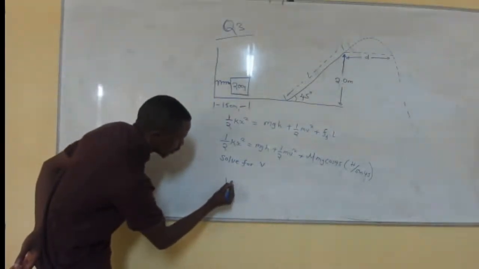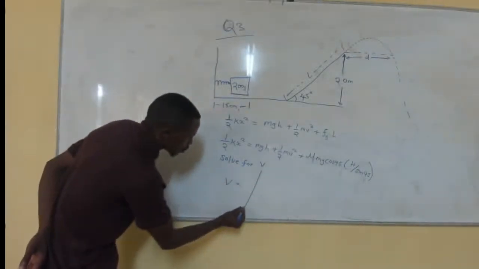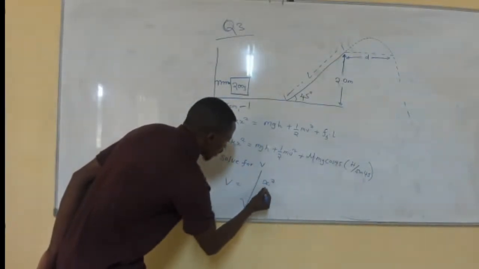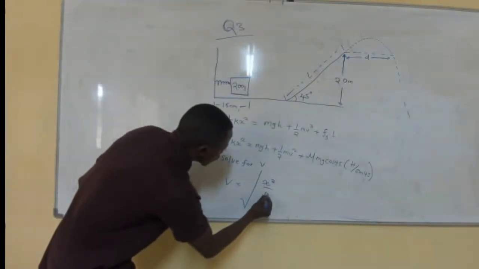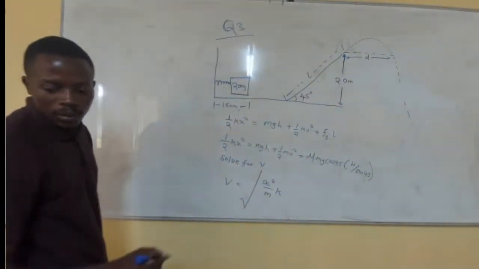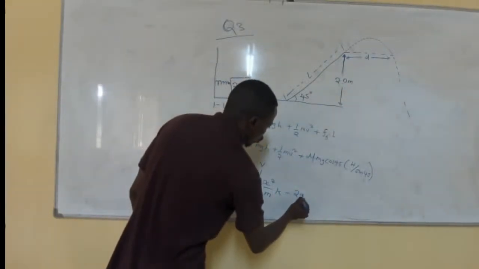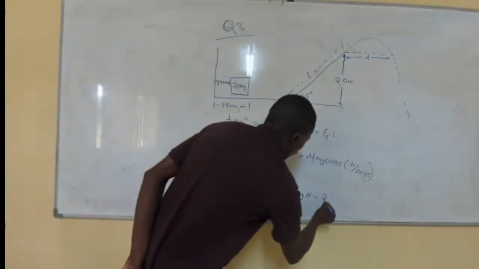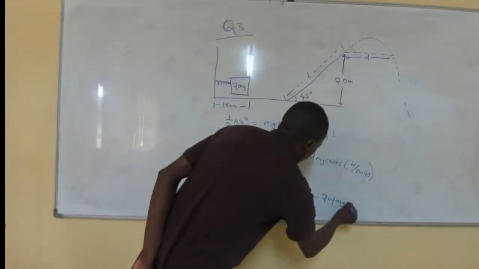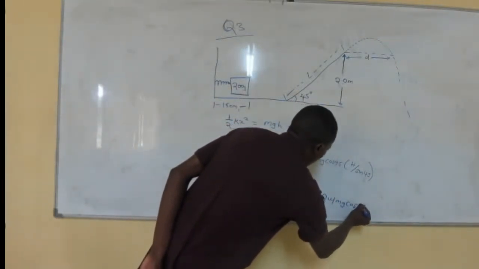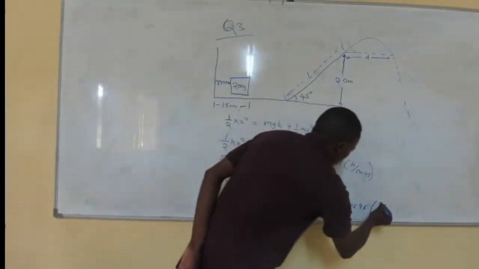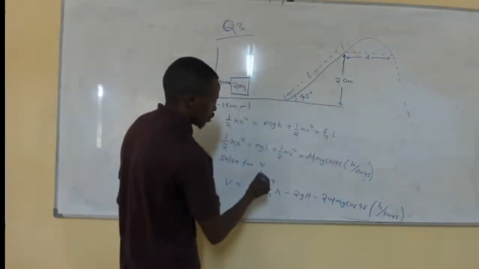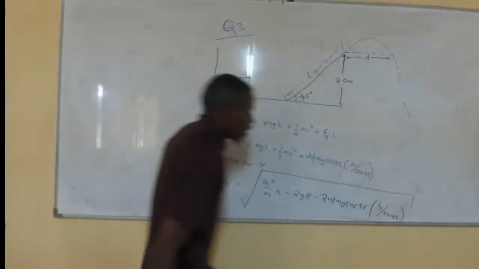I'll come up with v is equal to the square root of kx squared over m, minus 2gh, then minus 2 mu g cos 45 multiplied by h over sine 45. All this is in the square root.